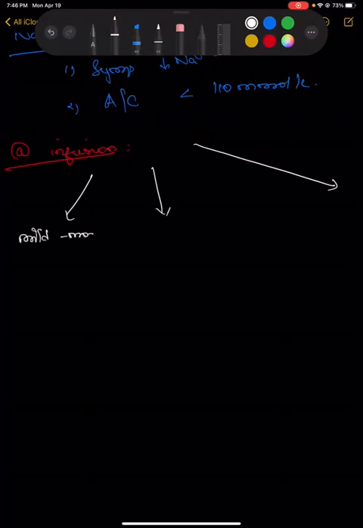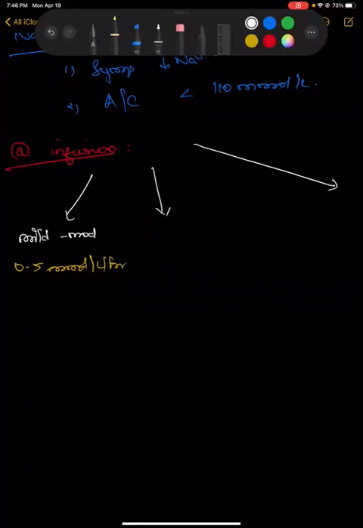And the most important is the rate at which the infusion can be given. The rate of infusion can be determined by 3 parameters. So first is, if it is a mild to moderate case, then you can give the infusion at 0.5 millimoles per liter per hour.